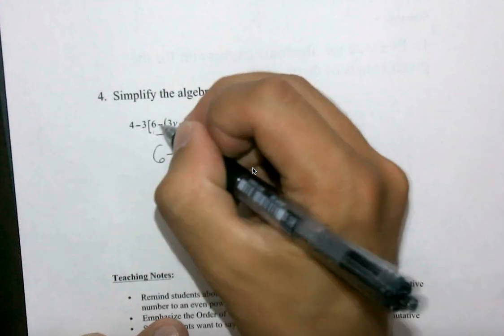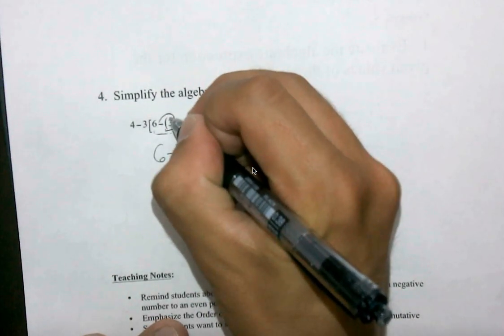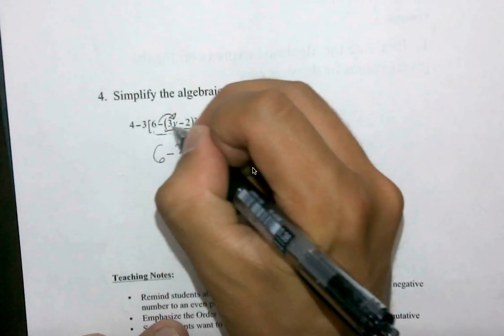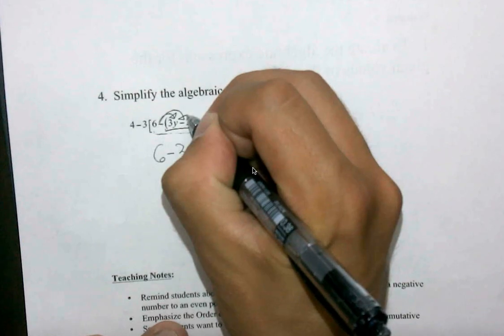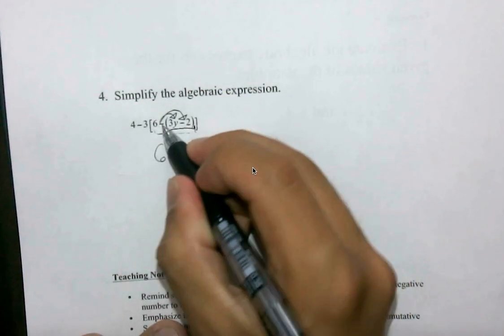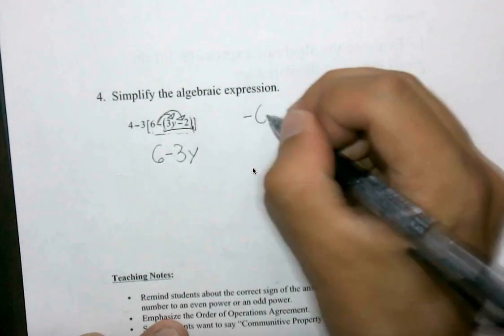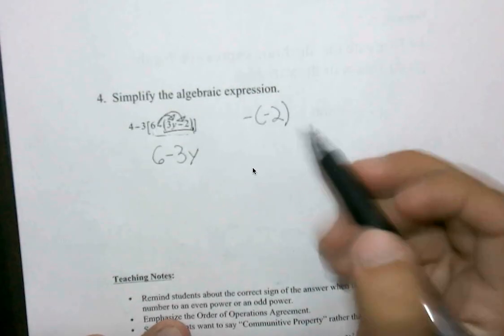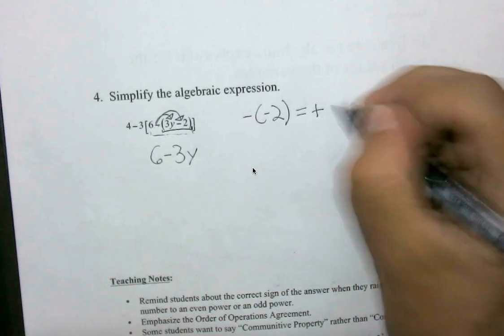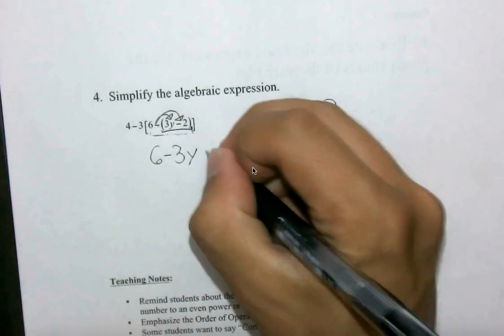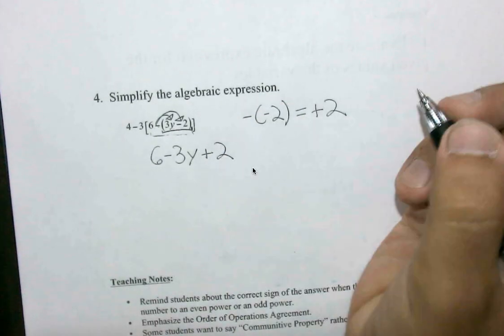You can kind of think of this as distribution. So we're deducting 3y, and we're also deducting this -2. So you can think of this as deducting -2. Since we're subtracting a negative number, hopefully you're thinking of this as +2. So that's what we should be bringing into the mix here.